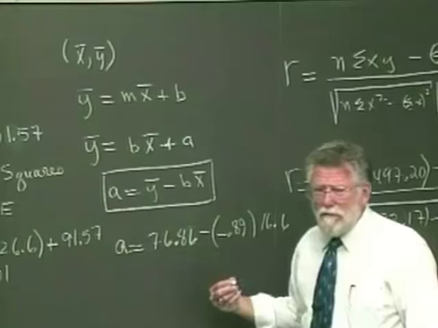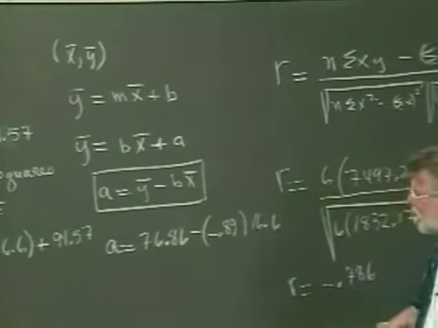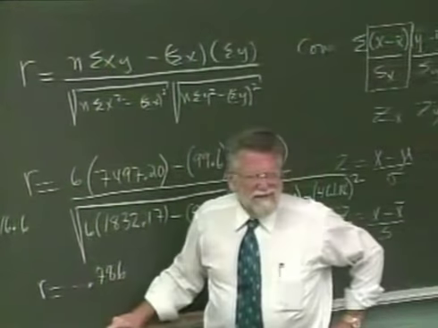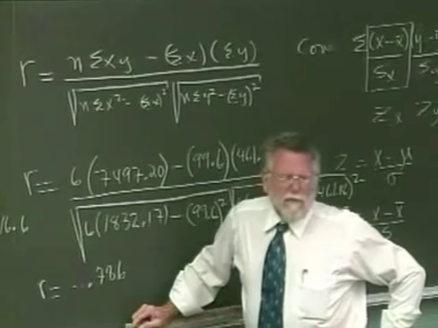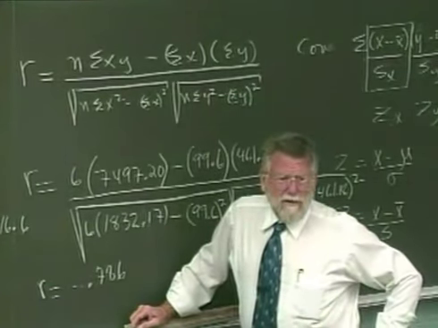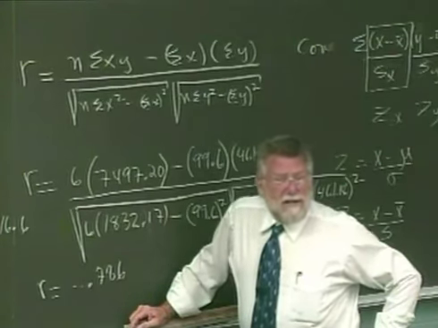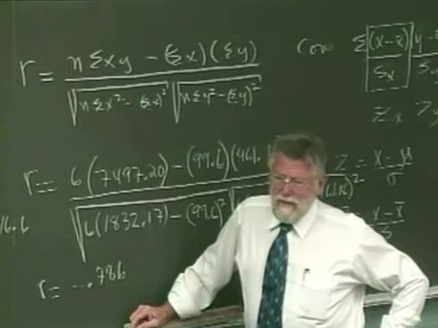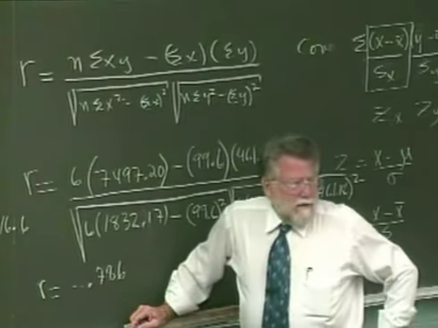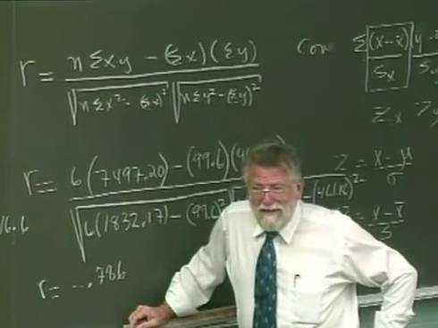Okay, now the question, how am I going to get B? Well, if you've got R, B's pretty darn easy. So let's slide back. Look at your formula on the sheet I gave you for B. Does it look a little bit like R? What's the same and what's different for B? There we go. The numerator's the same.